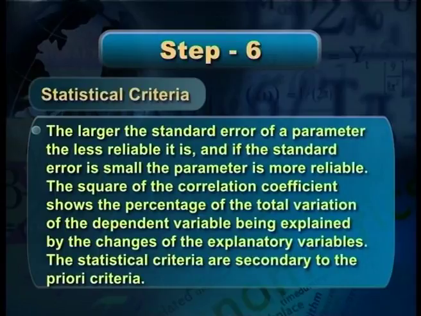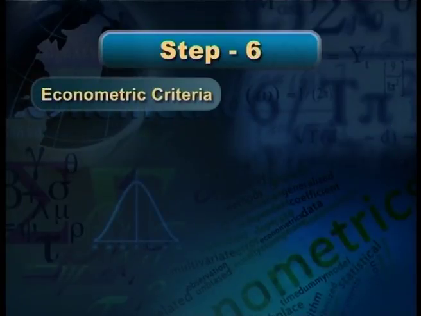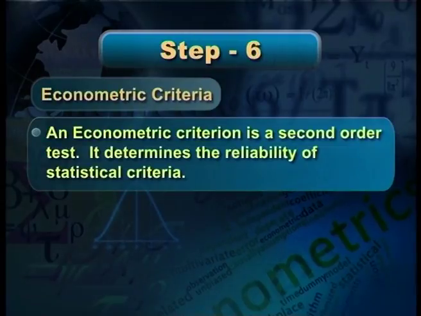The statistical criteria are secondary to the primary criteria. Then finally, we have to find out the econometric criteria. The econometric criteria is a second order test. It determines the reliability of statistical criteria.